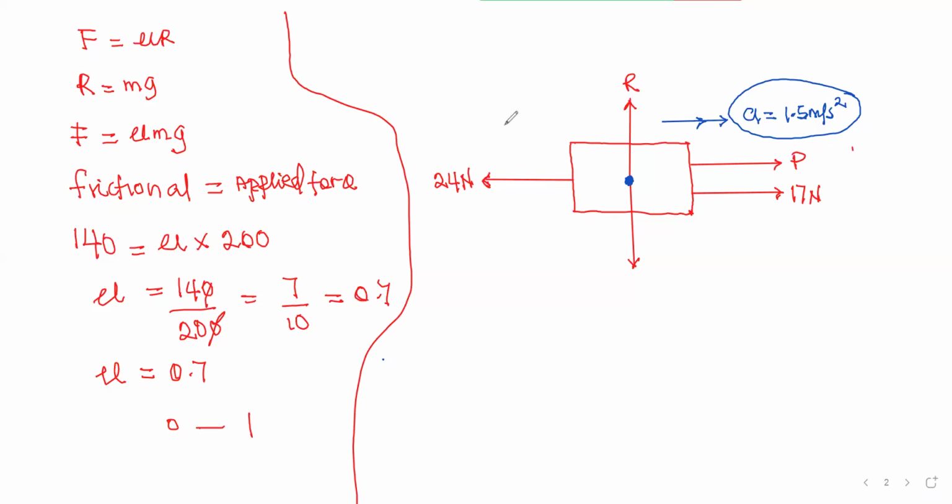If the body accelerates, from Newton's second law, every acceleration requires what? A force. Meaning the total forces acting on the body in all directions must not be zero if the body accelerates.